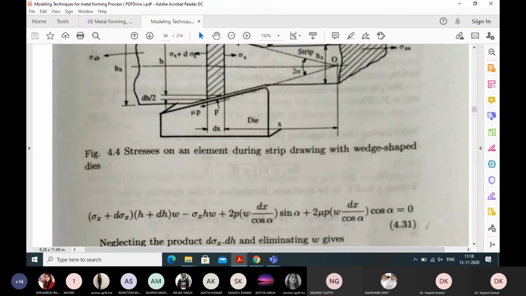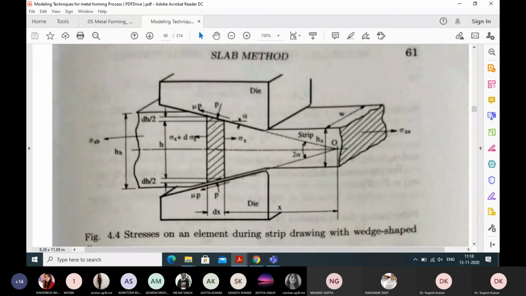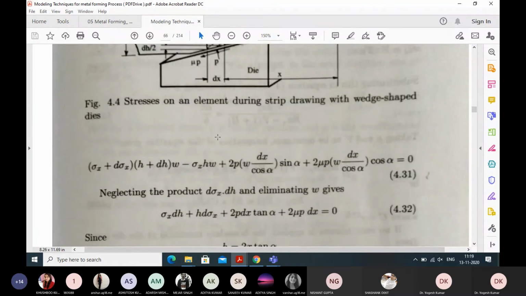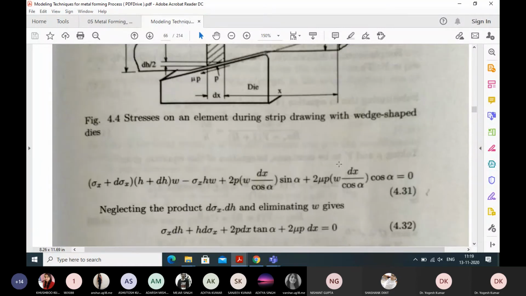Okay, upper portion of this strip. And since this angle is alpha, if we take cosine of this force, this will give you the force acting in x direction. So this force component due to friction in x direction has been calculated. We have taken cosine of the total force acting in x direction.